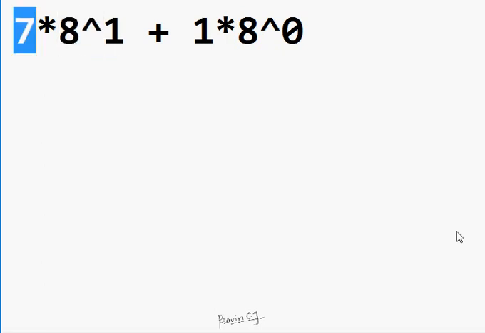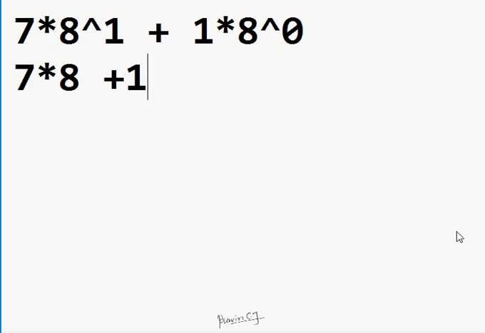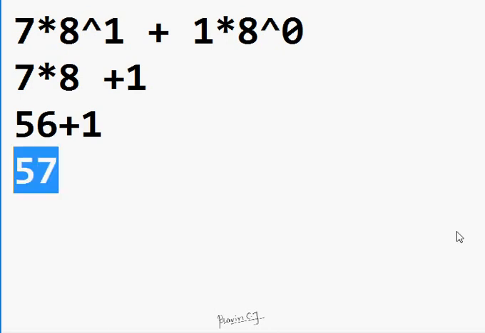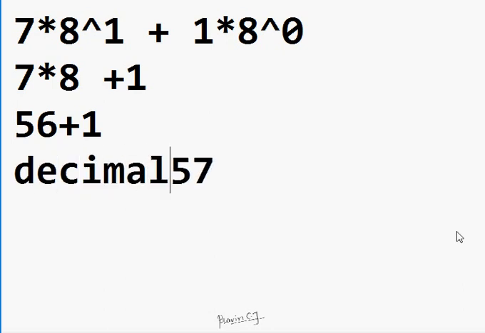So it will be 7 into 8 plus 1. 7 into 8 is 56, plus 1, it becomes 57. Now this is our decimal conversion, the decimal number we got from the octal number.